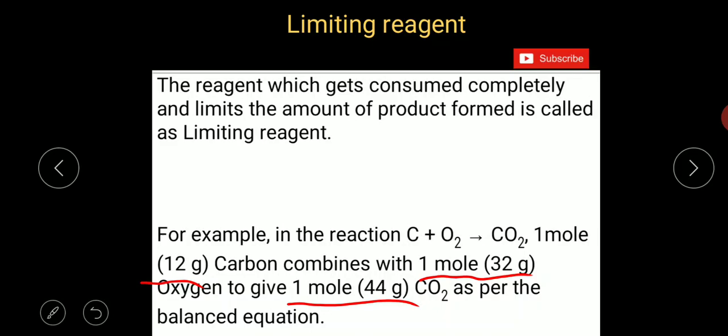So 12 grams of carbon combines with 32 grams of oxygen and will give you 44 grams of carbon dioxide. This is as per the balanced equation.